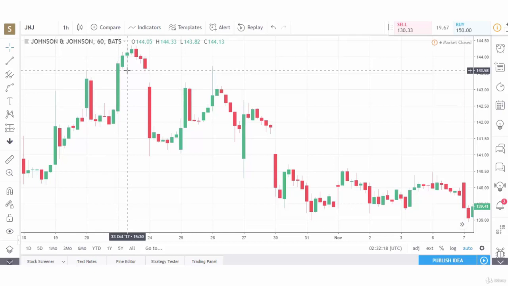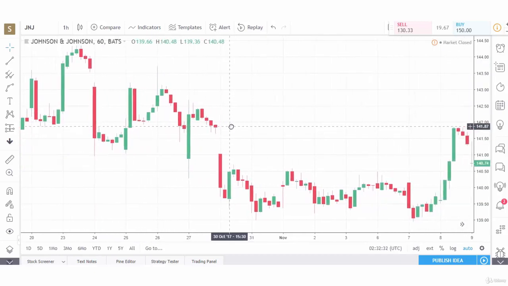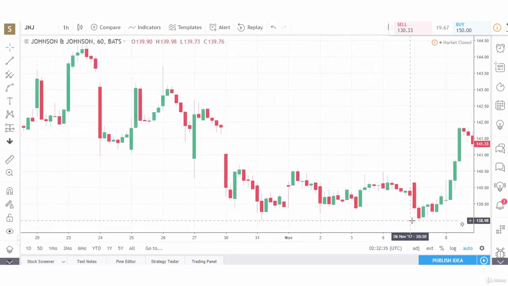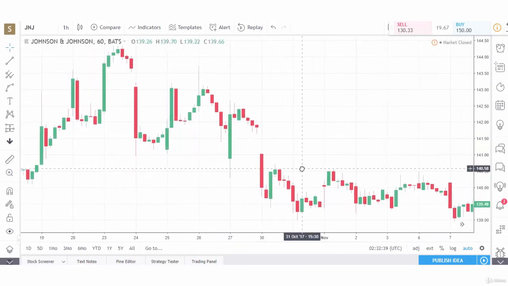So this first doji draws our attention, and then we see a confirmation as the stock starts to drop down with the next 3 to 4 candlesticks. The stock continued down. It would have been a very good short trade as the stock continued down to 139 from 144 on an hourly basis.